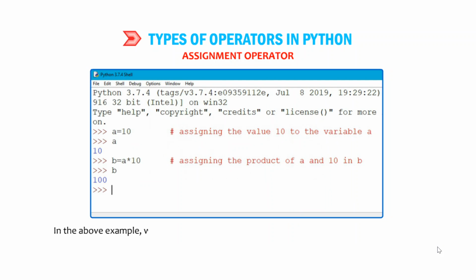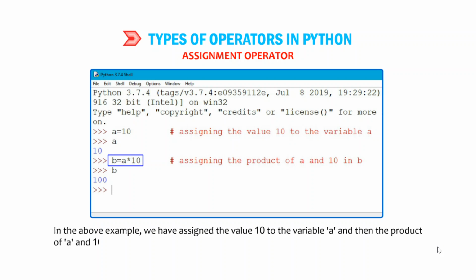In the above example, we have assigned the value 10 to the variable a, and then the product a and 10 is assigned to the variable b.